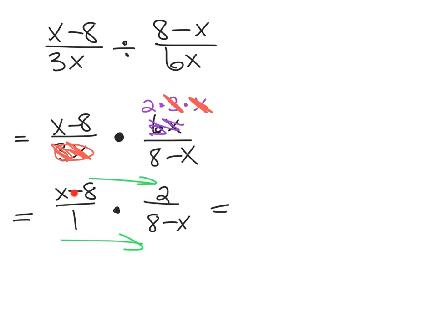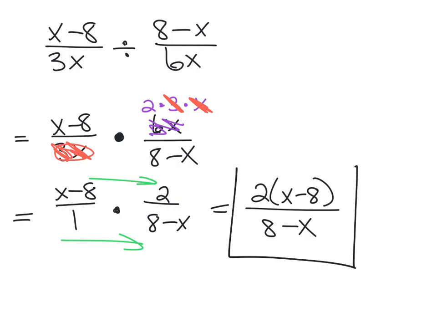But they don't want us to actually multiply. So x minus 8 times 2, instead of actually multiplying it out, we're just going to leave it as a multiplication problem: 2 times x minus 8 over, and then down here, 1 times 8 minus x, well, that just stays 8 minus x because multiplying by 1 doesn't change your value. And so that is our answer right there.